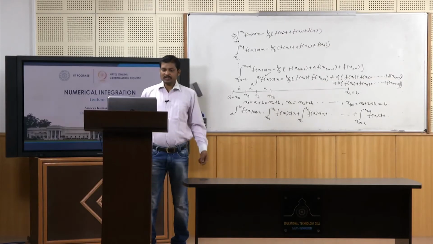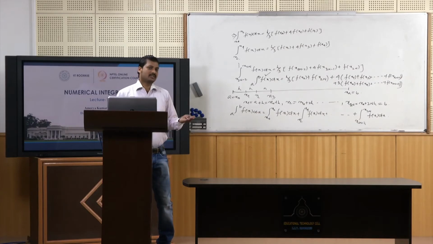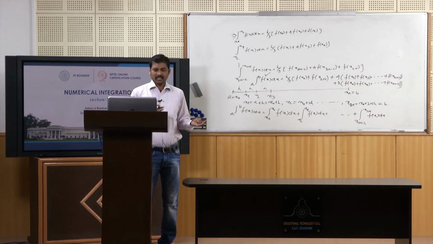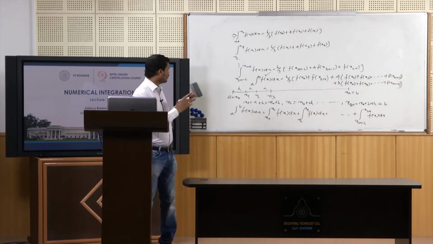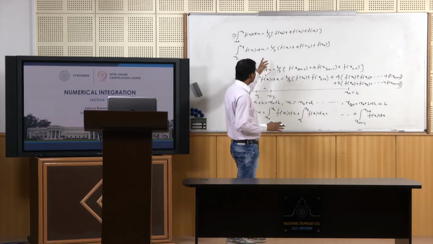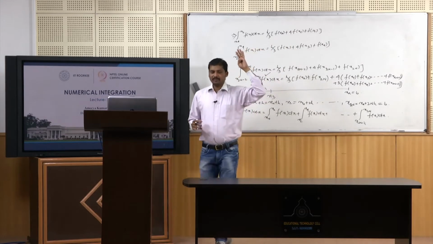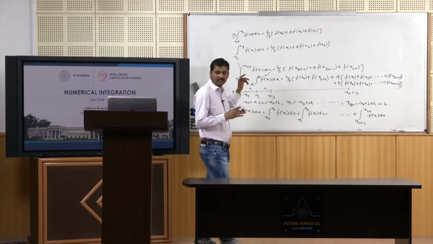And if you go for the error computation of this 1 by 3 Simpson's rule, last class we derived this error for the Simpson's 1 by 3 rule. And if you consider our earlier trapezoidal rule, in each of these intervals we will have a maximum error in the form of minus h by 90.